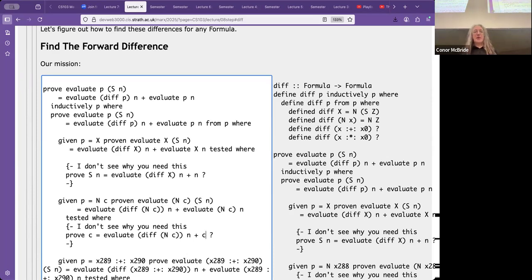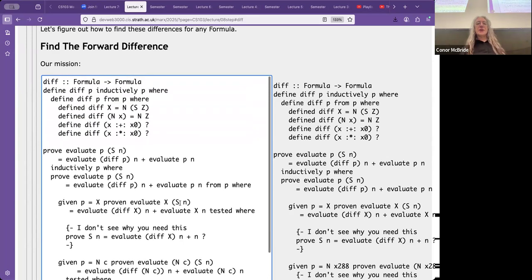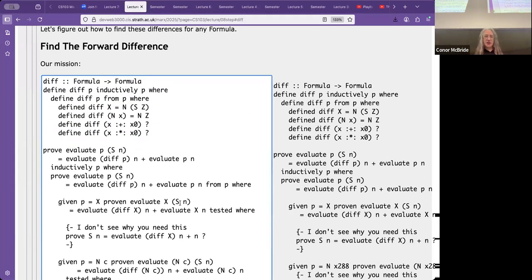So we pretty rapidly figured out that when our formula is a numerical constant, the difference between its output for one input and its output for another input, given that it ignores its input, is hee-haw.